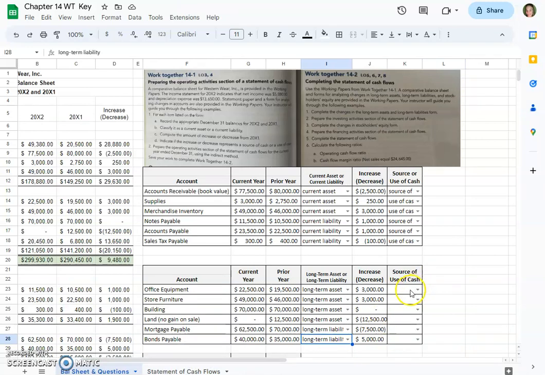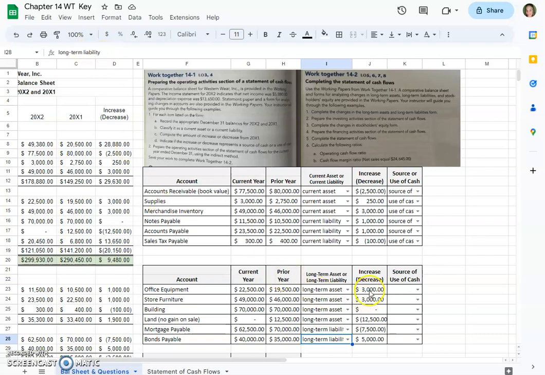We have to figure out if they're a source of cash or a use of cash. So if we look at our book on page 412, it explains increases in long-term assets generally result in cash outflows, which are uses of cash, and they are subtracted on your statement of cash flows. Decreases in long-term assets result in cash inflows or sources of cash. So you just have to think about this in theory.